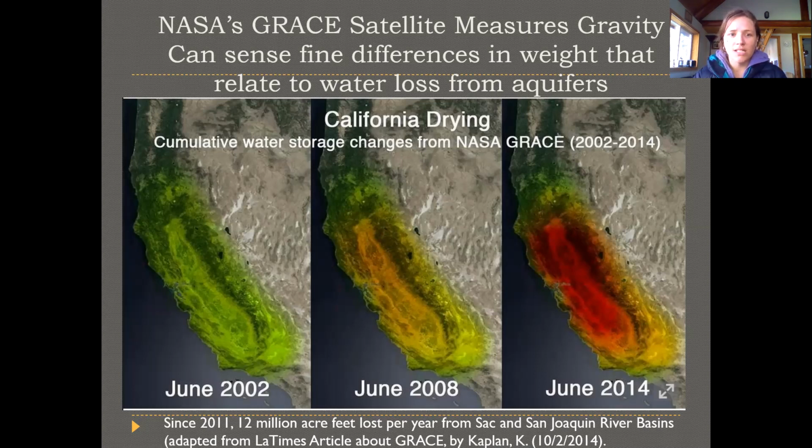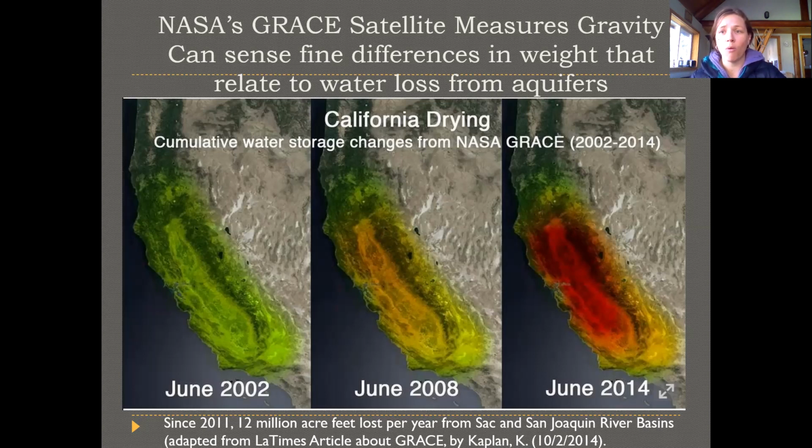Since 2011, 12 million acre feet have been lost per year in the Sacramento and San Joaquin River basins. An acre foot is a unit of water equivalent to an acre, about the size of a football field, 1 foot deep. So if you filled up a football field 1 foot deep with water, that would be 1 acre foot. So we're losing 12 million per year.